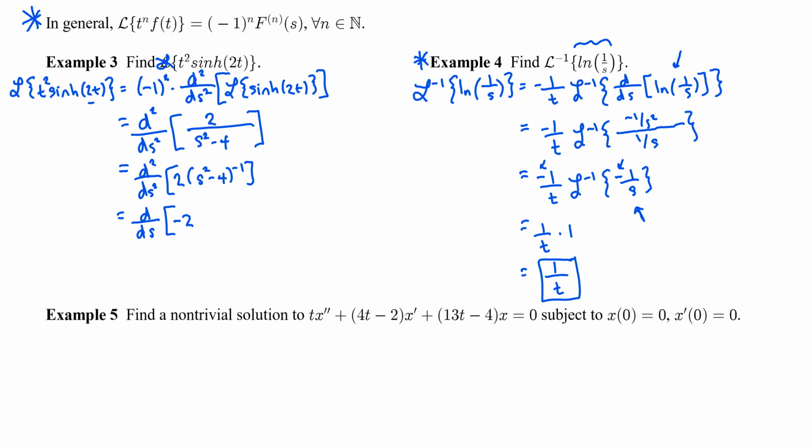The first derivative is negative 2 times s squared minus 4 to the negative 2 times 2s. And then we need to differentiate this. So notice I found one derivative and decreased the order of my operator, right? So we have one more derivative to find. I'm just simplifying here. Negative 4s times s squared minus 4 to the negative 3.